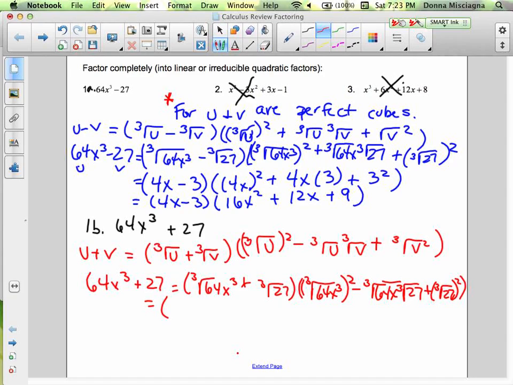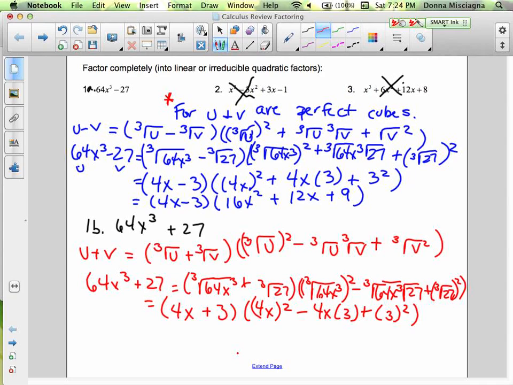All right, so again, cube root of 64x cubed is going to be 4x, plus the cube root of 27 is 3, times the cube root of 64x cubed is 4x, and we're going to square that whole thing, minus cube root of 64x cubed is going to be 4x times the cube root of 27, which is 3, plus the cube root of 27 squared, which is 3 squared.